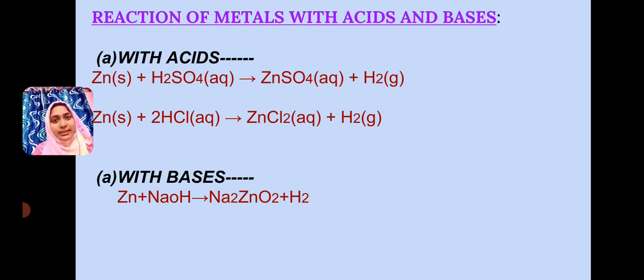If we react zinc crystals with 2 ml of HCl, hydrochloric acid in aqueous solution, we get zinc chloride and hydrogen gas is liberated. When zinc reacts with the base, we get Na2ZnO2, that is sodium zincate, and hydrogen gas is liberated.